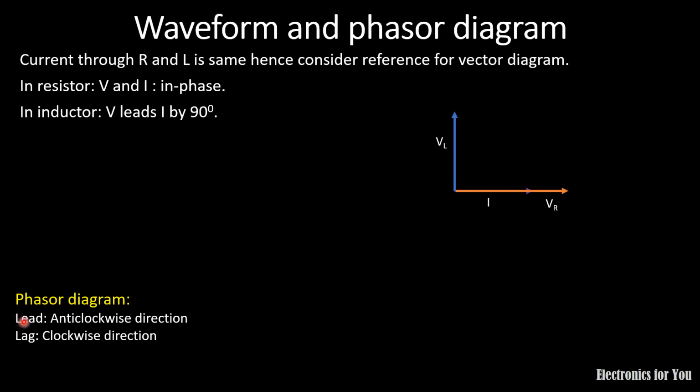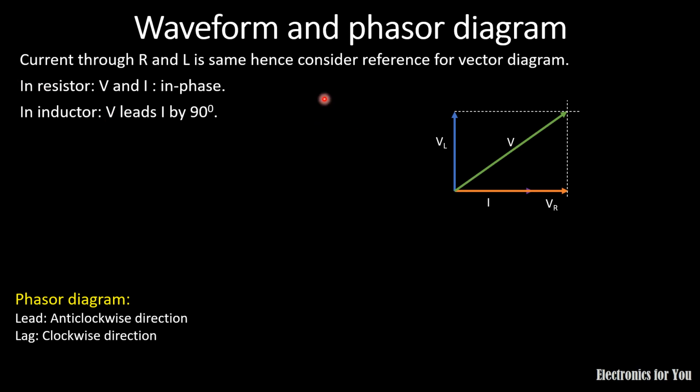In phasor representation, lead is indicated by the anti-clockwise direction. Now if you want to plot the resultant, we draw parallel lines like this, and the intersection point will indicate the voltage V, the terminal voltage. This is the vector diagram for our RL series circuit.